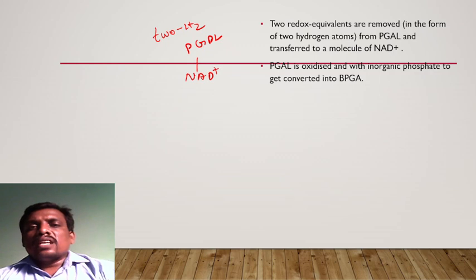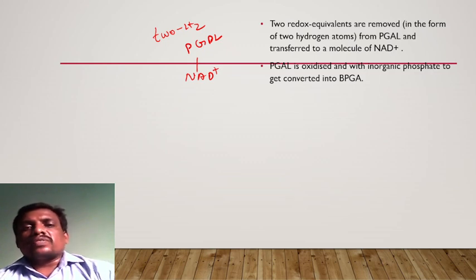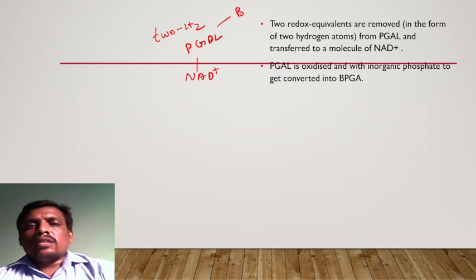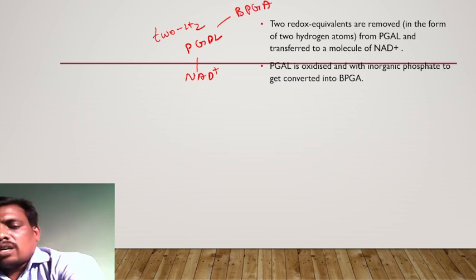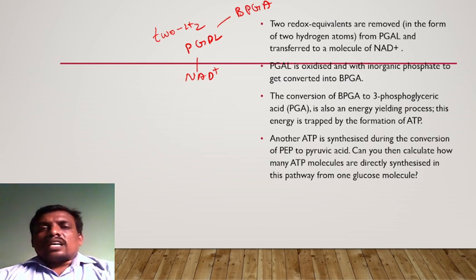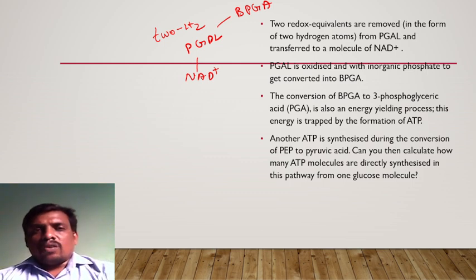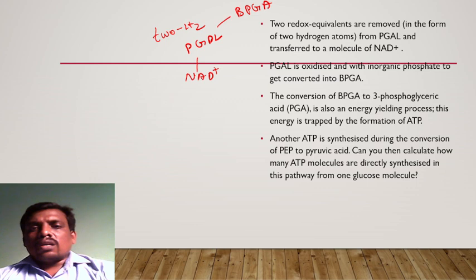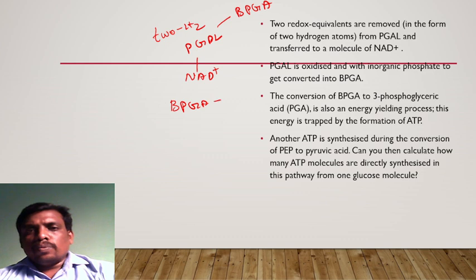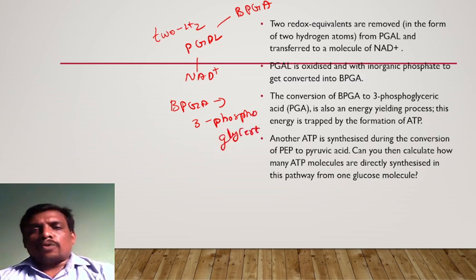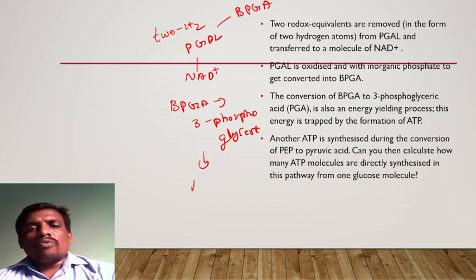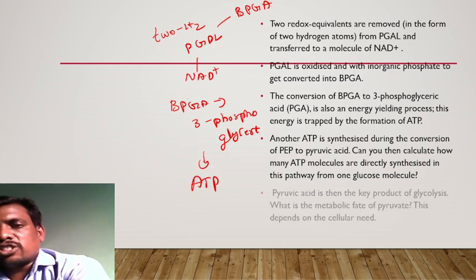PGAL is oxidized and, with inorganic phosphate, converted into BPGA. As you know very well, the conversion of BPGA to 3-phosphoglyceric acid is also an energy yielding process. This energy is trapped to form ATP. I have shown you in the reaction itself.